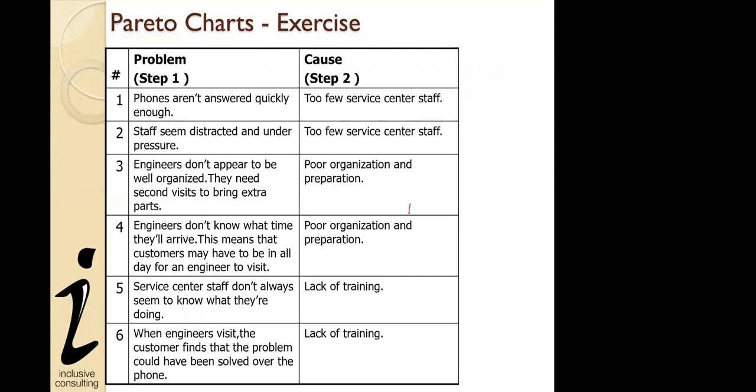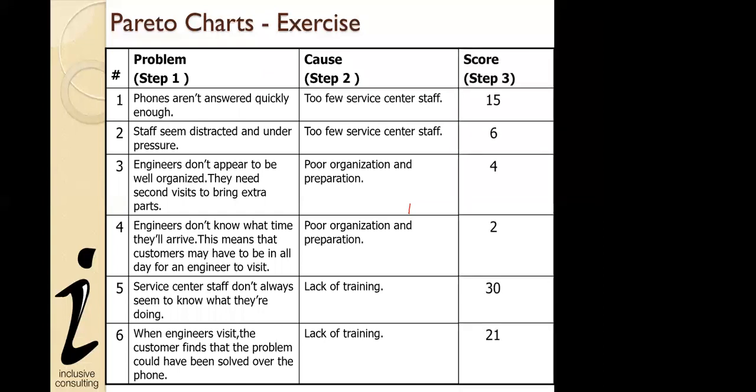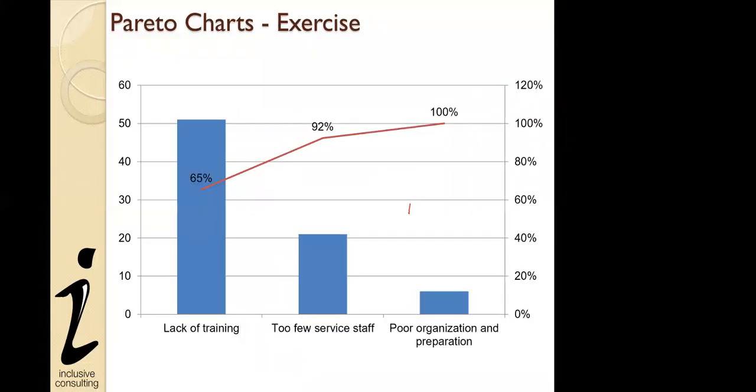So how do you prioritize this? If you have a scoring system and see how many calls are being unanswered because of which cause, you've got a scoring system now available of the number of incidents or defects caused by each cause. So if you use this data, you can present it in this form.